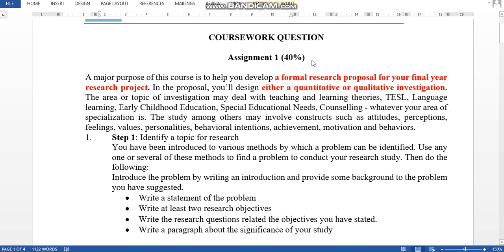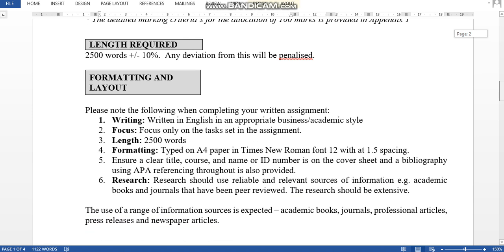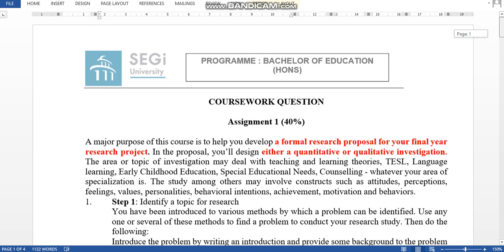What you are doing now is chapter 1, 2 and 3. So it is a research proposal, but due to its size and magnitude, I would rather call it a mini proposal, because you only have to write about 2500 words, and that would be less than 10 pages.